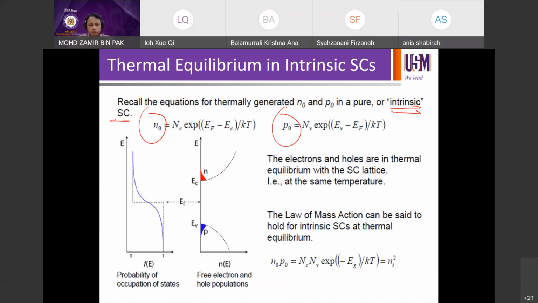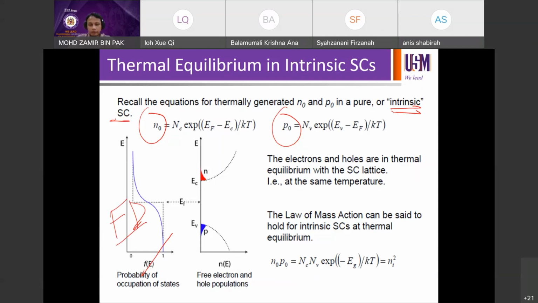p calculations, right? So we've gone through the discussion of probability of occupation of states, which is essentially the Fermi-Dirac distribution function, right?